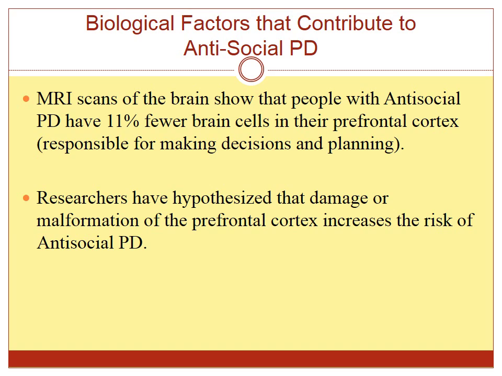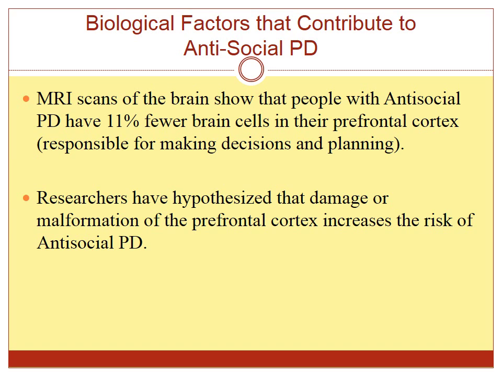Biological factors that contribute to antisocial personality disorder. So far we've only looked at the psychosocial factors. But with antisocial personality disorder, there appear to be actual biological factors that influence the development of this particular disorder.